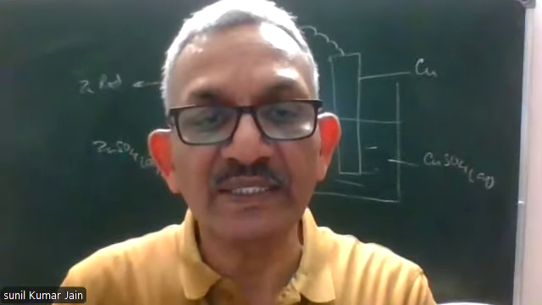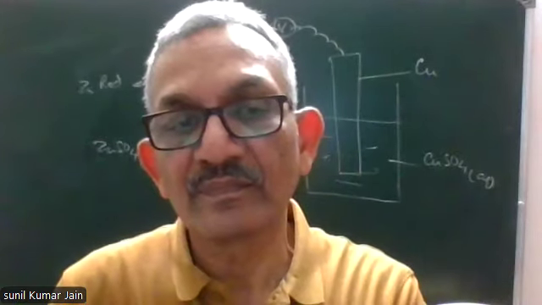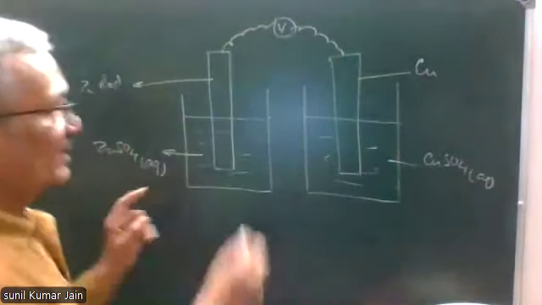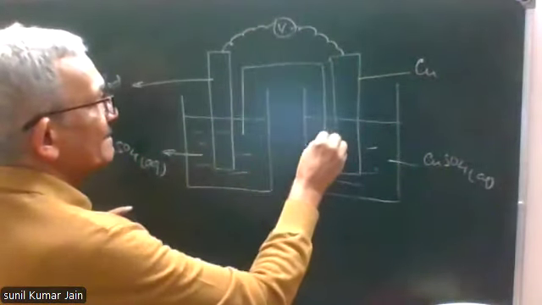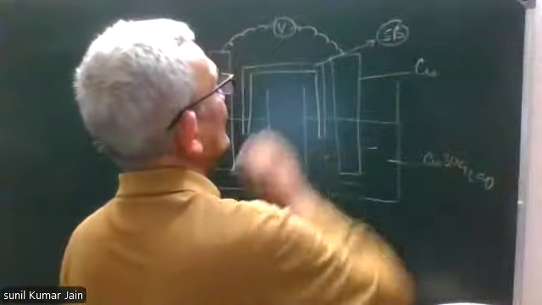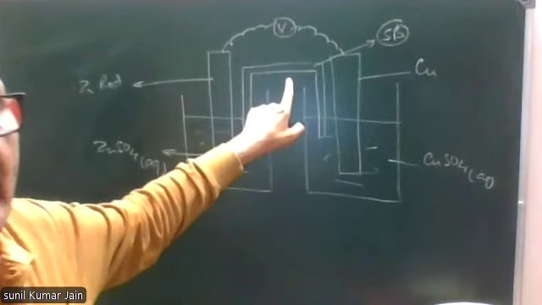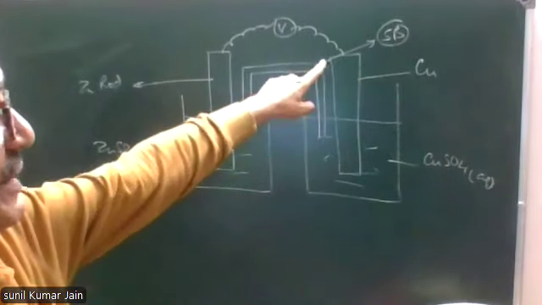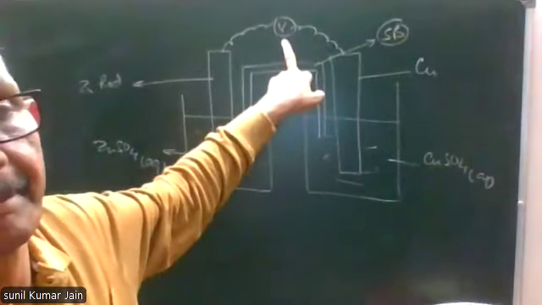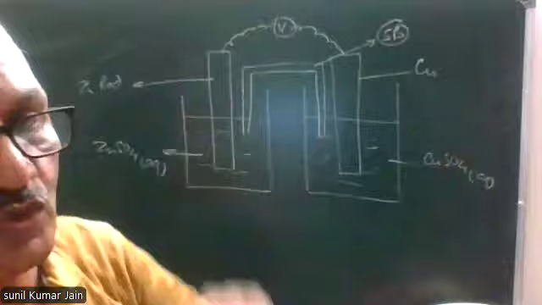When the solutions are connected through a salt bridge, now add this in the diagram. This is the salt bridge. I hope you have added it. So I'll repeat: when solutions are connected through a salt bridge, the voltmeter shows deflection, that is, current flows.